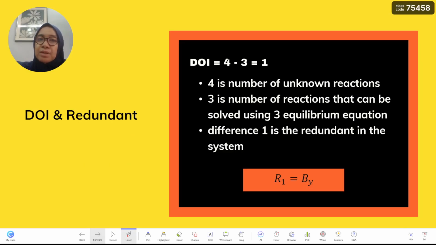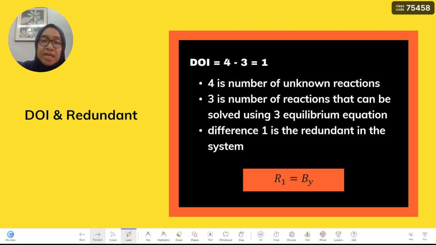So the first step is to identify the degree of indeterminacy, and the formula is quite straightforward. It is just the difference between the number of unknown reactions and the three reactions that can be solved using the equilibrium equations.